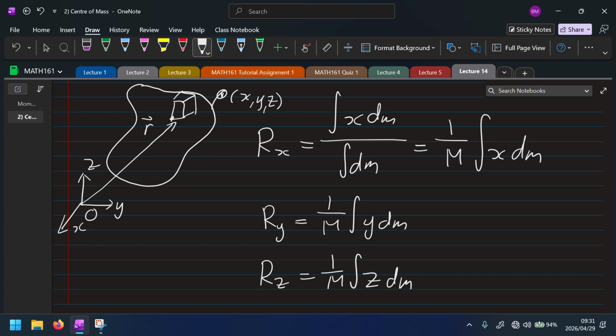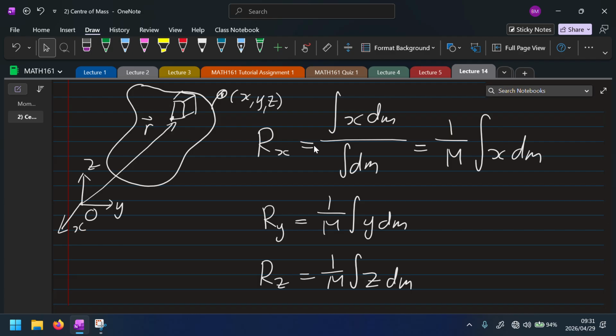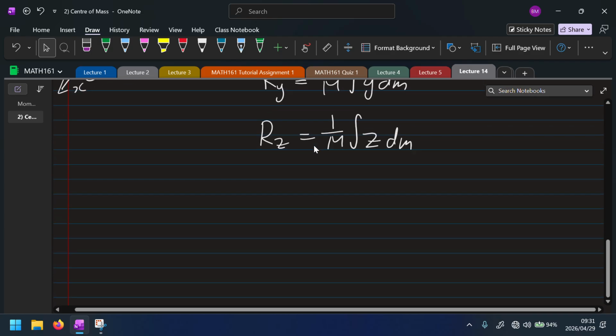If you want to find the center of mass of some object, you calculate these three, and that will give you the center point. For example, if you do this for a sphere, you find R_x, R_y, R_z, and it will just be the center, the origin. If you have something a little bit more complicated, then the center of mass will move around. Okay, so let's have a look at example 1.